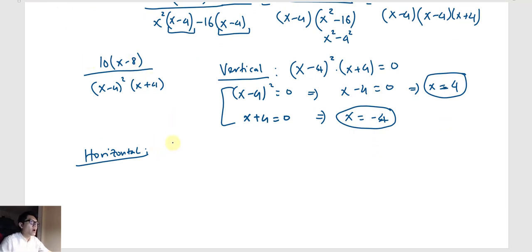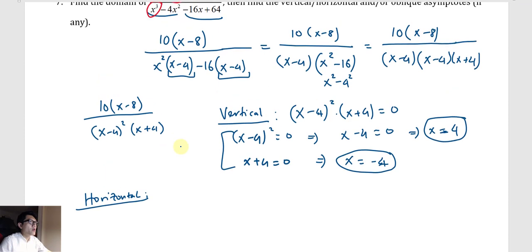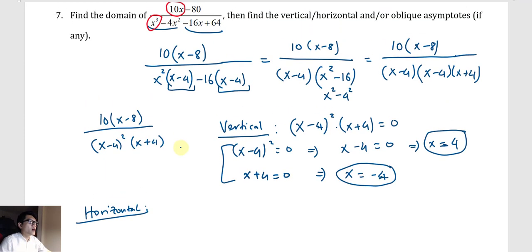Okay, there are three cases. The first case, if the degree on the top is less than the bottom of the leading terms, then the horizontal asymptote is the x-axis, y equals 0.